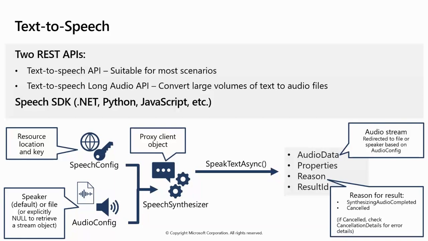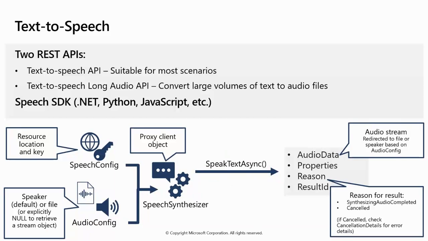For example, the speech service is used by the speak text async method to turn text into spoken audio. We have it right here. And last, we need to handle the speech service's response for the speak text async.